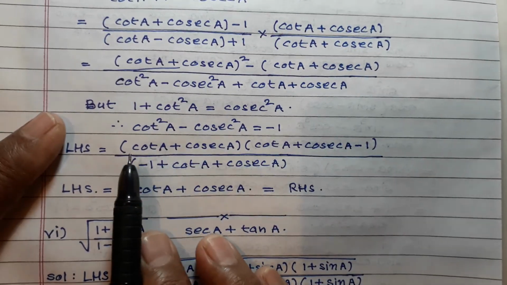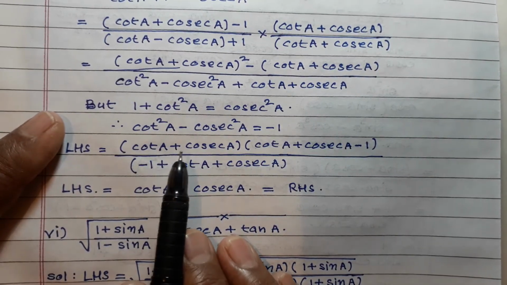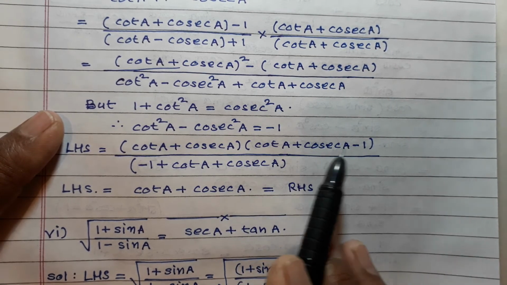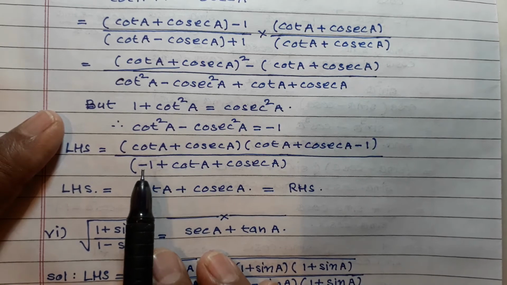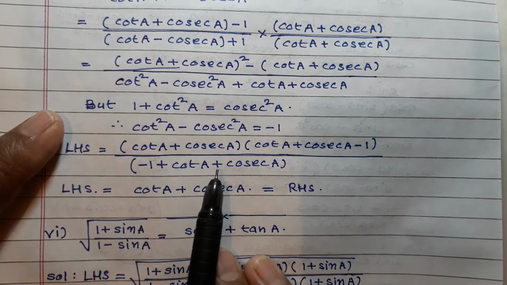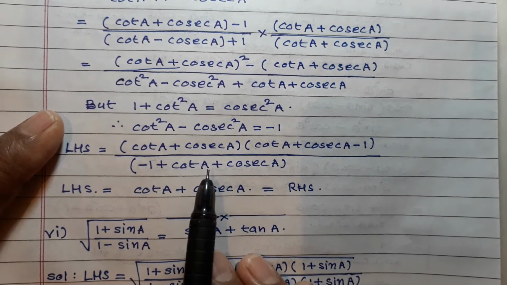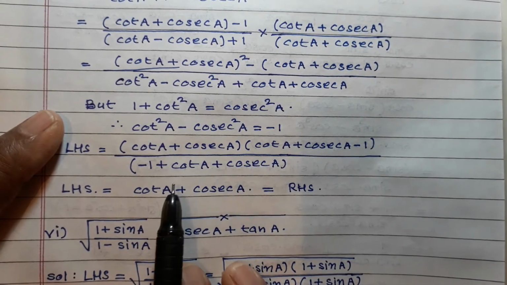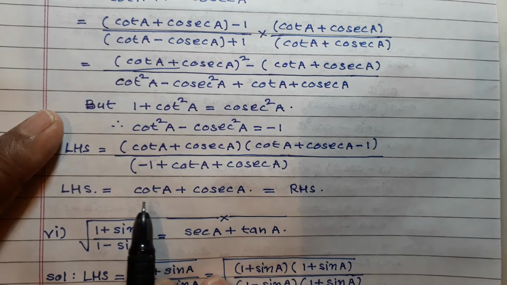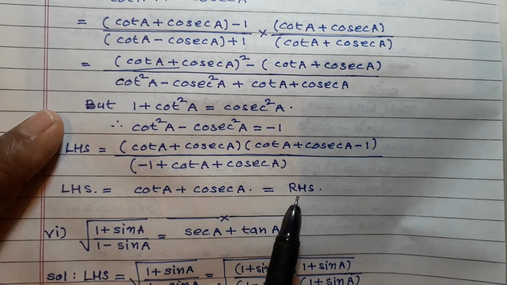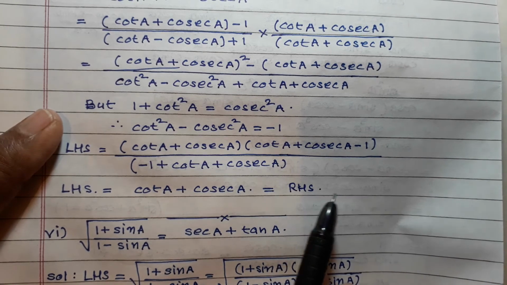Therefore left hand side is equal to (cot A plus cosec A) into (cot A plus cosec A minus 1) upon (minus 1 plus cot A plus cosec A). Observe properly, this bracket and this bracket are the same, get cancelled, and therefore left hand side is equal to cot A plus cosec A, which is the right hand side.